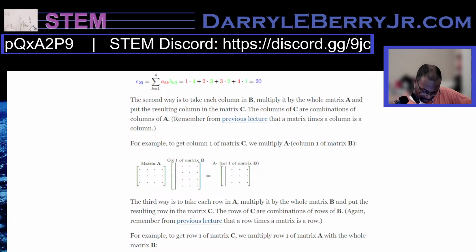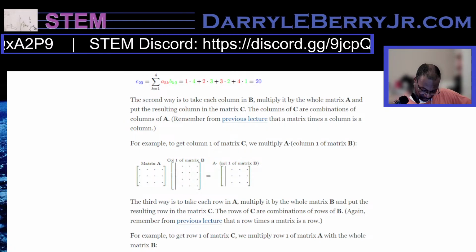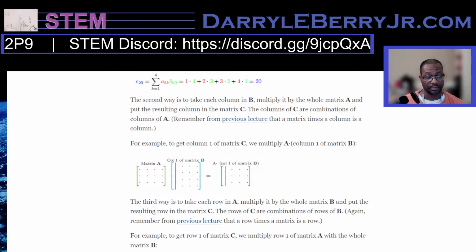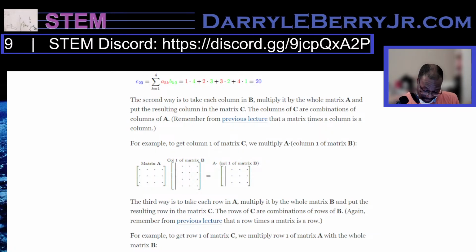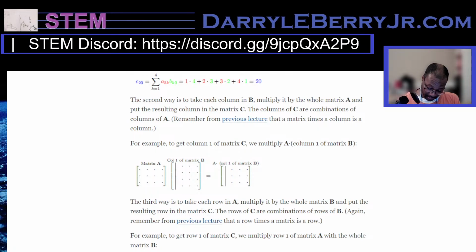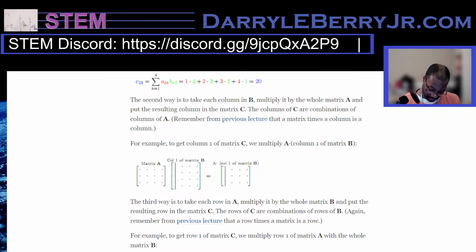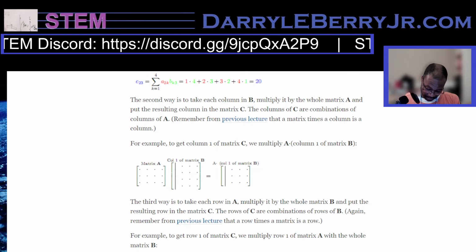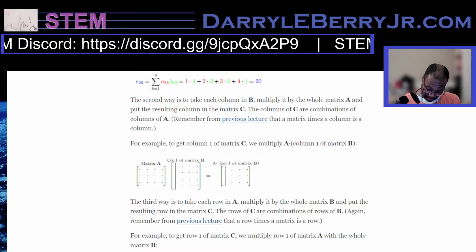I don't think we did it that way. But we did right here. So take each column and multiply it by the whole matrix. That's what we did here. This column was multiplied by the whole matrix. And then this column was multiplied by the whole matrix.